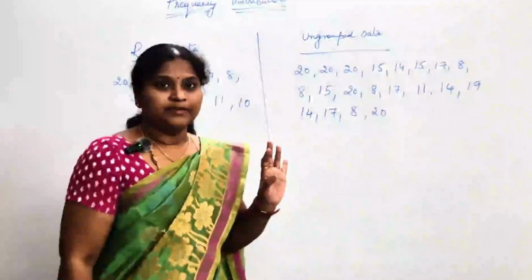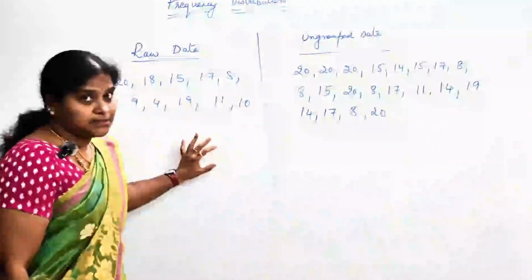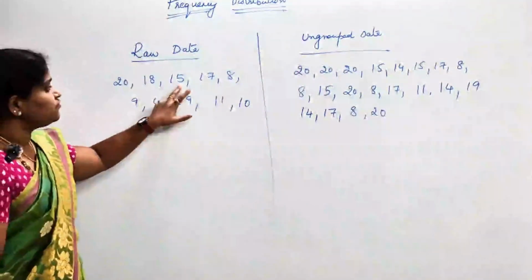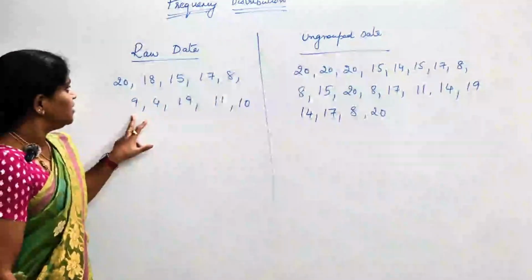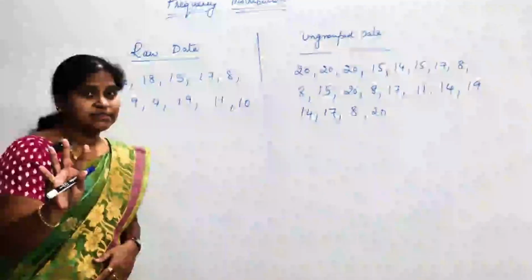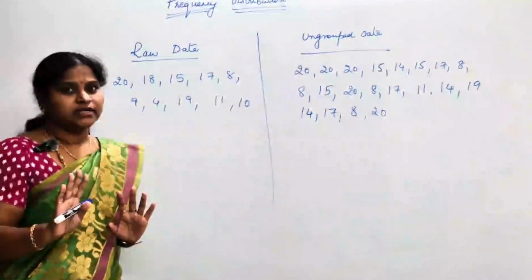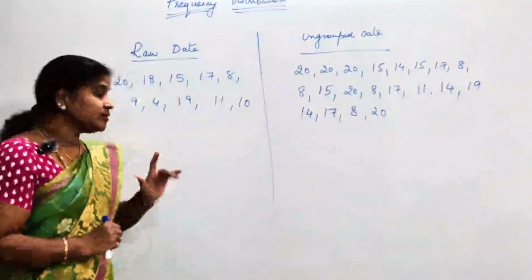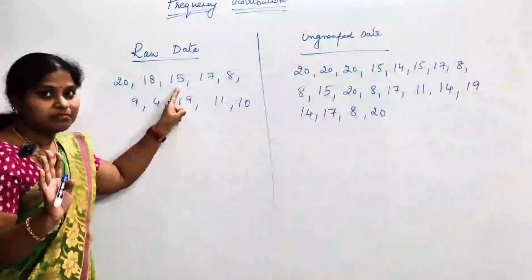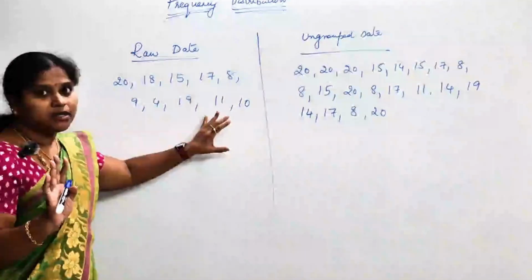In this example, suppose my data is like this. I have 10 values: 20, 18, 15, 17, 8, 9, 4, 19, 11, 10. The data is limited, just 10 values. But we can observe that here every value is unique. It is not repeating. So this is called my raw data.